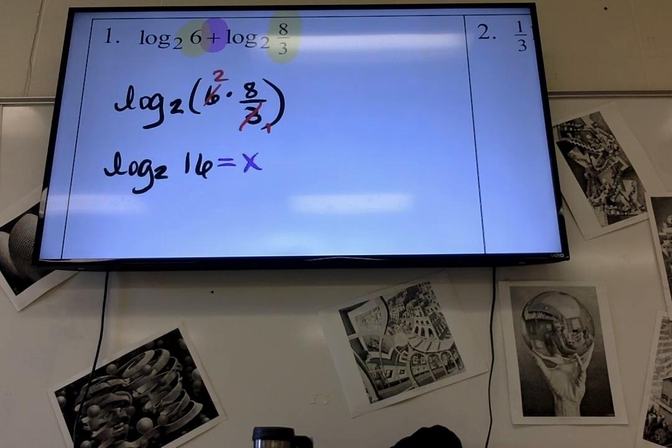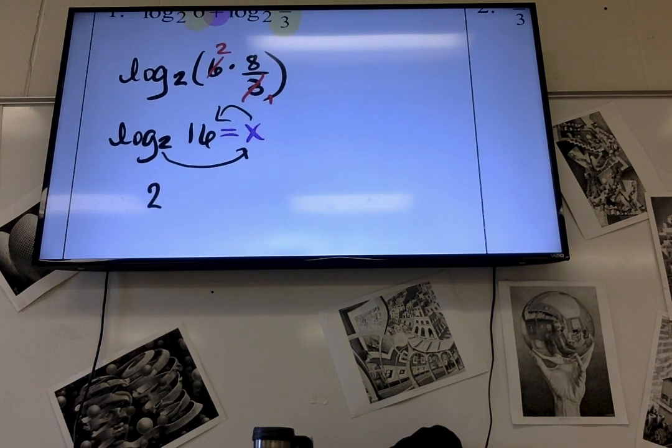Whatever you want. And then you do the circle method. That's 2 to the x equals 16. And now it's like the problems we had on the last test. Take 16, break it down into 2's.